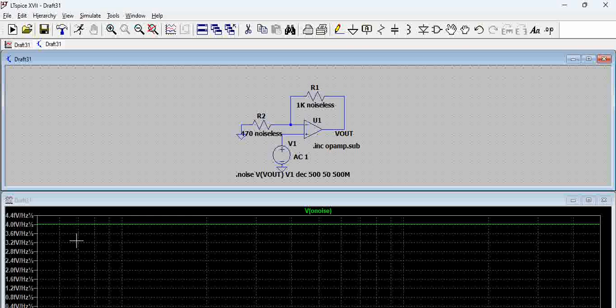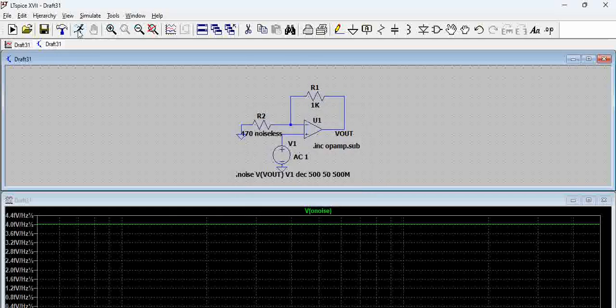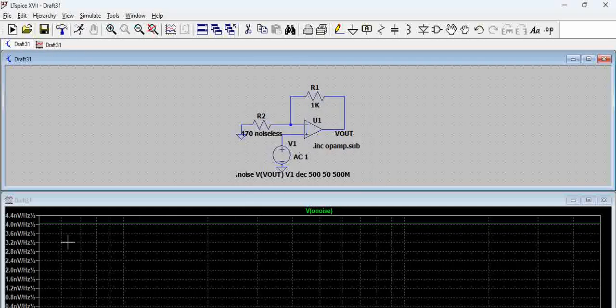Wow, it has gone down further, below nanovolts, right? Now, just to check, let us eliminate the noiseless resistor on the feedback, and you can see it increased to 4 nanovolts per square root of hertz.